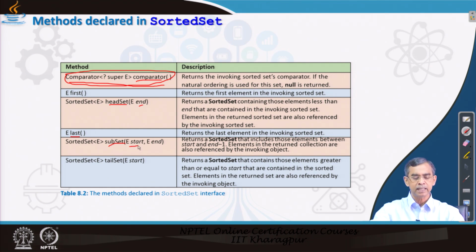The subset has a range, from the element at the start to the end, so it returns all the elements between start and end, both inclusive. And tailSet is just like subset, but tail set means a particular portion of the set starting from a particular element in the set. So, these are the methods to access or manipulate your collection in different ways.